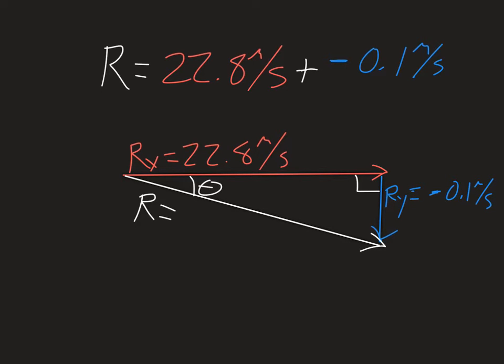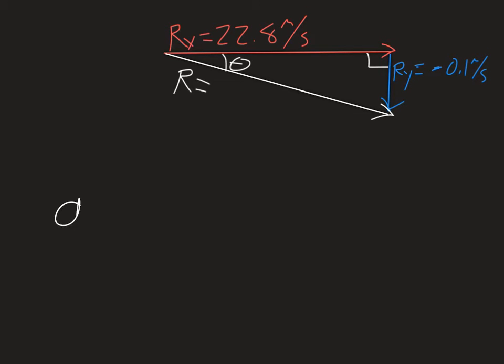But you can also see that leaves us two things to get. We need to get the magnitude of the resultant, which is now our hypotenuse of our right triangle. And we need to figure out the angle. Well, I think that the magnitude is a lot easier because almost everybody remembers a squared plus b squared equals c squared.